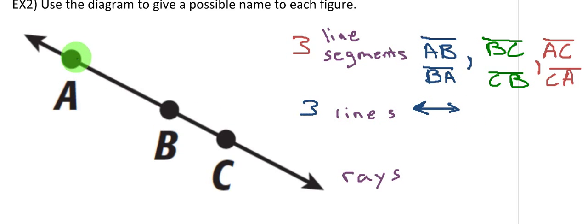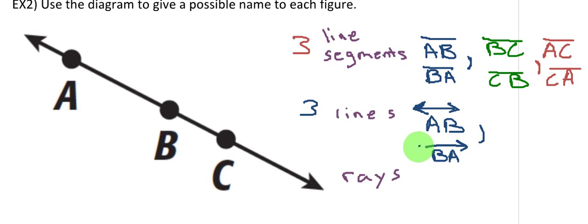So I see that this line happens to pass through point A, and it passes through point B, and it continues forever in both directions. So I could say line AB, or the opposite, line BA, is telling me the same thing here. And let's go ahead and fix that bar real quick above.